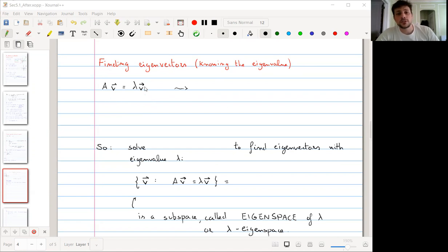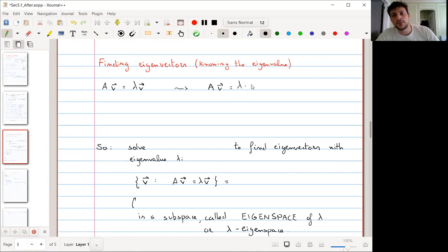So if a certain vector satisfies this definition, I can rewrite that equality as follows. Av is equal to lambda times the identity matrix times v. The reason why I do this is that now I want to manipulate the expression as follows. I have Av minus lambda times the identity v equals 0.